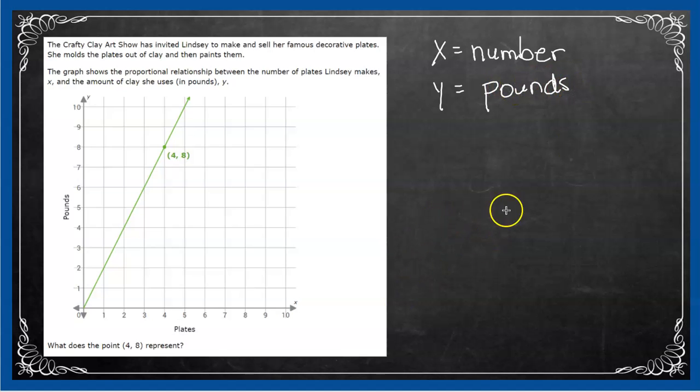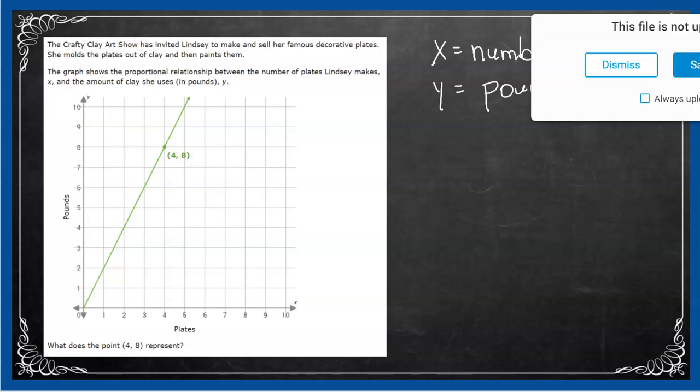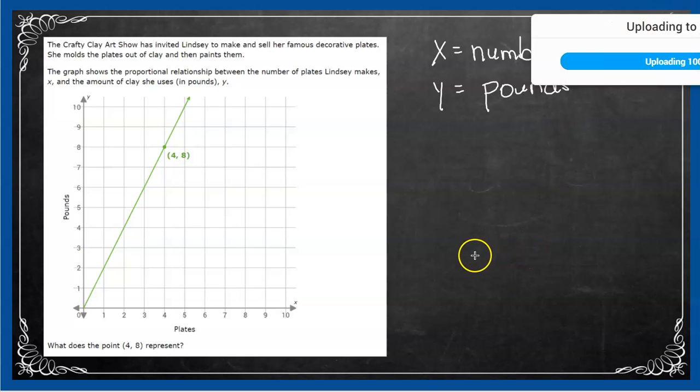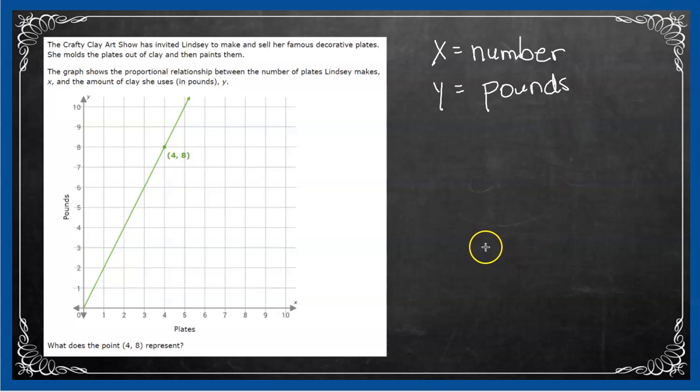Okay, but I want to look at a couple other things before we look at this problem in particular, because they're just asking us, what does 4, 8 represent? You remember we talked about the term constant of proportionality, and we looked at some tables and things like that in some previous videos.